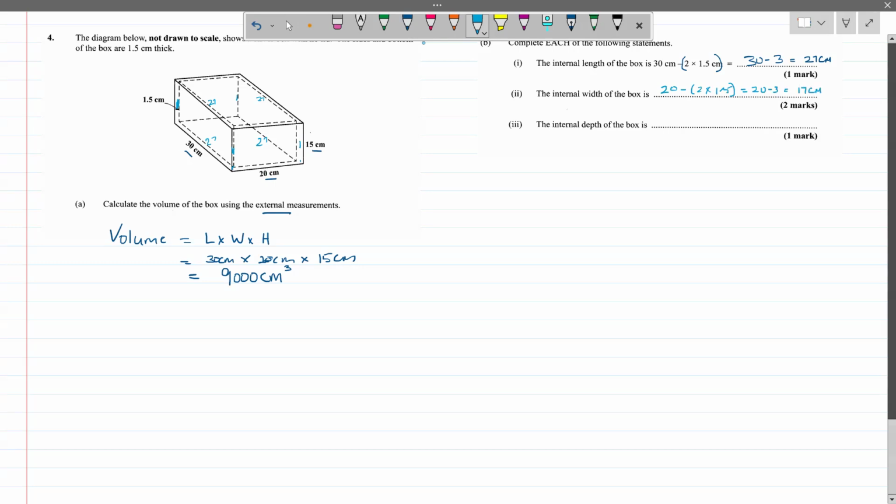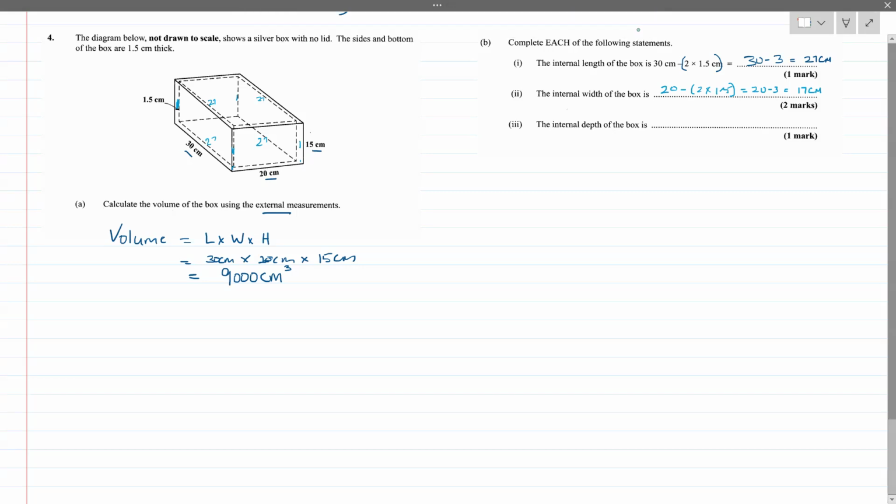The internal depth of the box, right? So the internal depth of the box, same thing again, top and bottom, but you don't have a cover to the top. The thickness will just be one of them, underneath here is going to be 1.5.